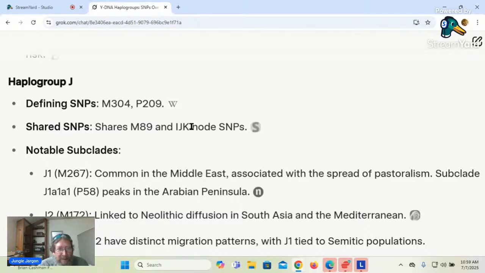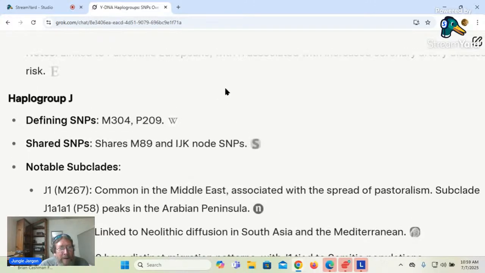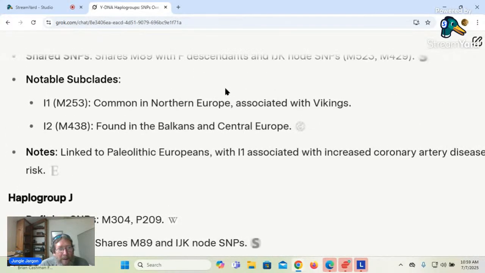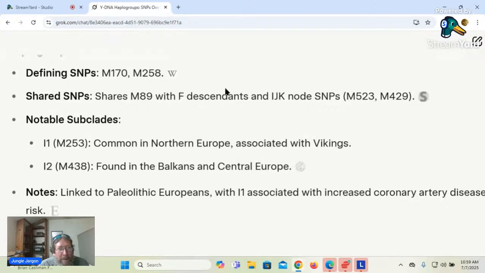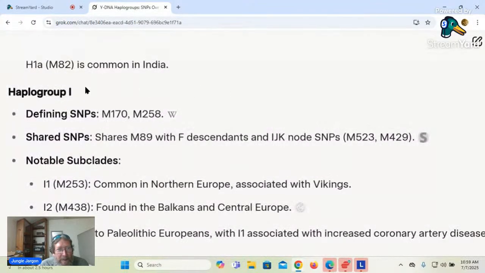Of course, it has its defining marker. Well, actually, the IJ has, let's see, the IJ don't have the, oh, these here, yeah. The M523 and the M429 define the IJ, actually the IJK.